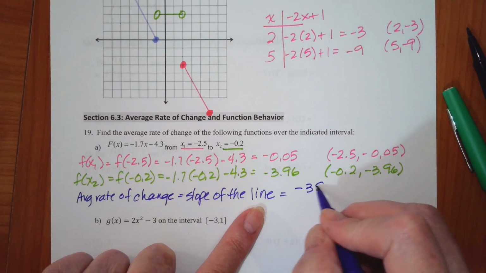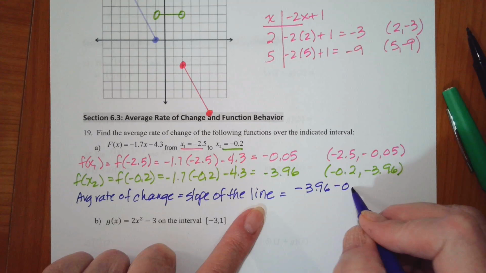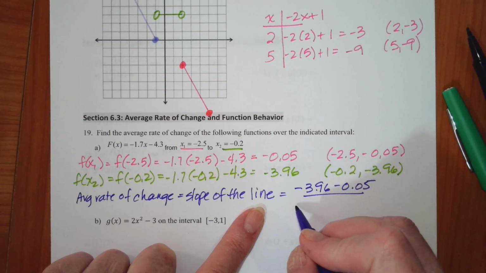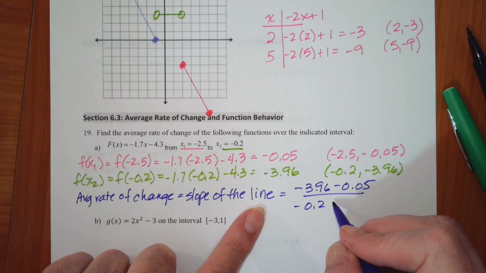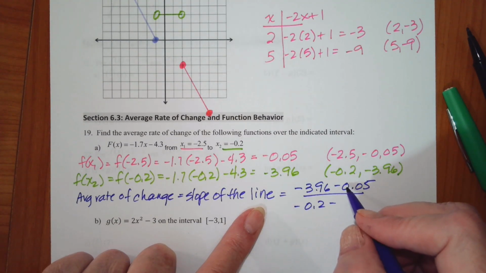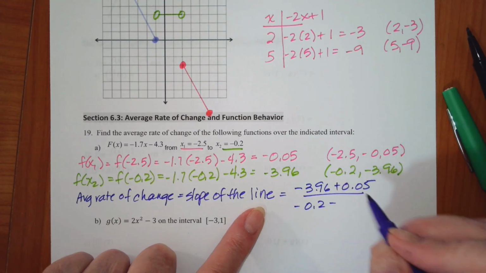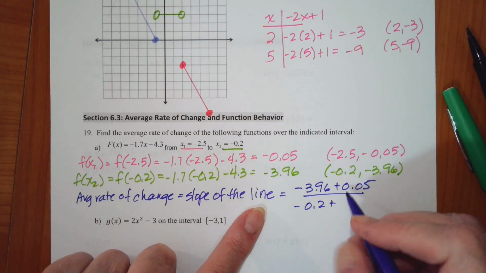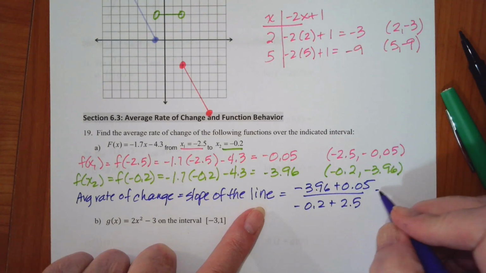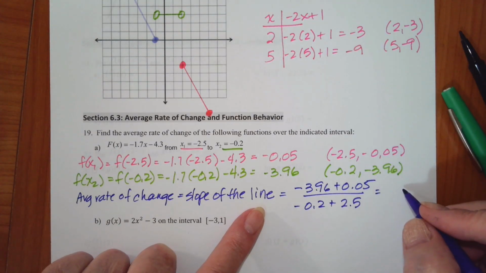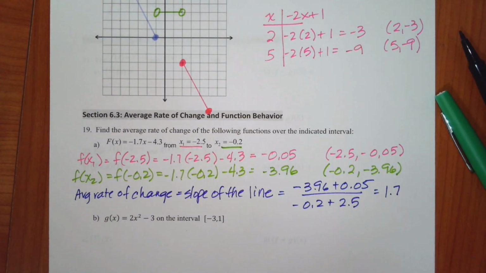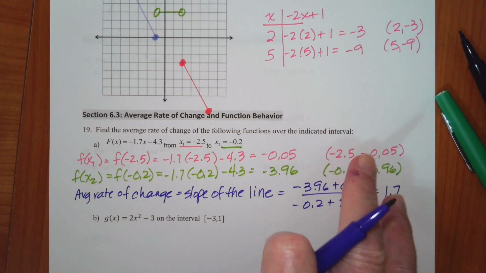So negative 3.96 minus 0.05 divided by x2 minus x1, negative 0.2 minus, this is going to end up being plus. Subtracting a negative is plus 2.5. And when I do that, I get 1.7. I ran out of room, so you'll have to double check it on your calculator.